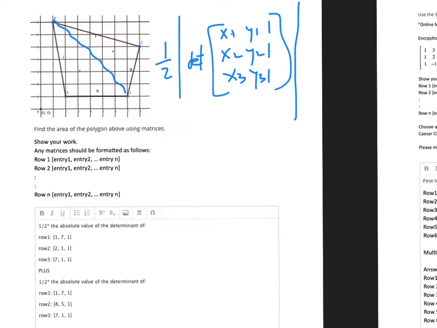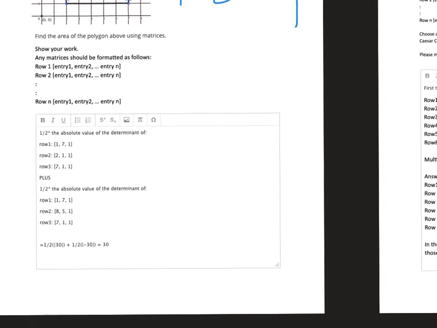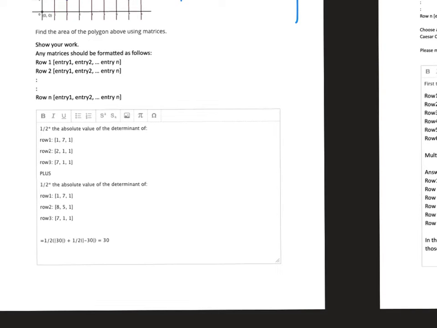And so that's how I've shown the work here. This is sort of how you should show the work on the test in a couple days. So I just said 1/2 times the absolute value of the determinant of, and here's that formatting that we're expecting for the matrix, plus 1/2 times the absolute value of the determinant of this matrix.